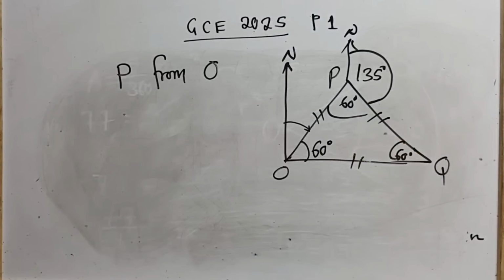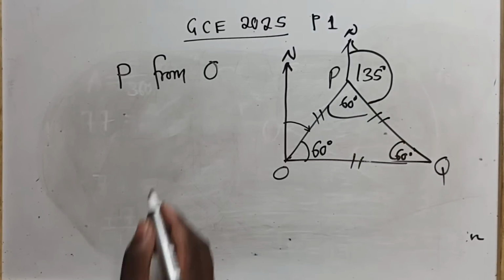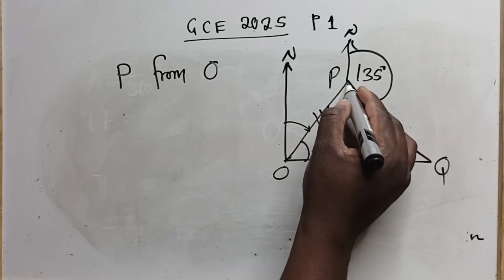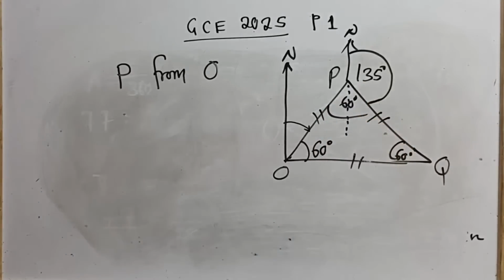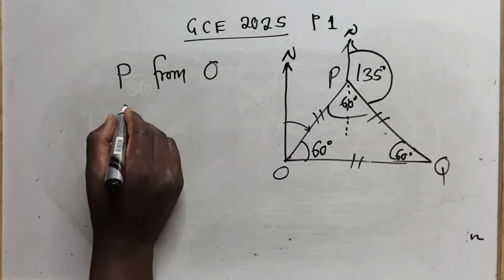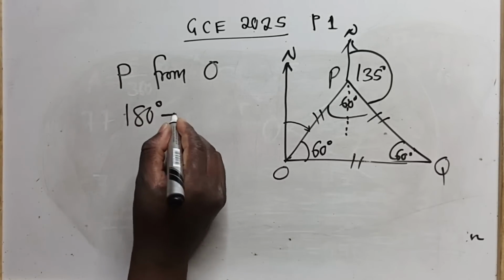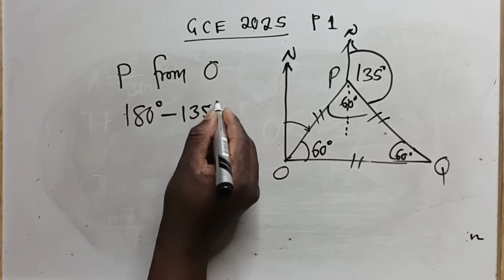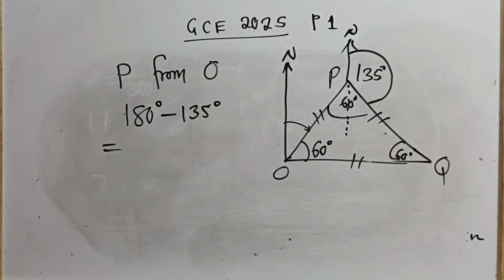So what I'm going to do here is say 180 degrees minus 135 degrees. When we say 180 minus 135, what are we getting there?